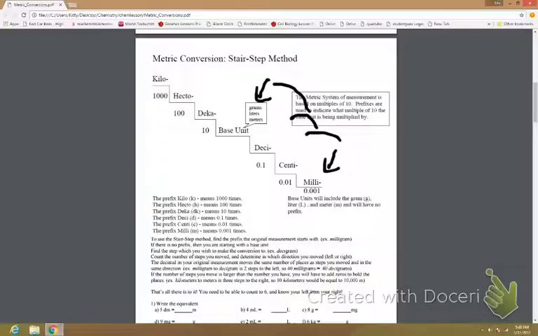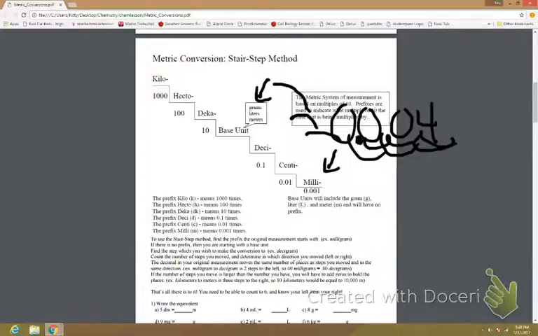So I'm going to move the decimal place 3 times to the left. So if you look, 4 milliliters, I'm going to say 4, and my decimal place starts after it. 1, I'm going to put a 0, 2, 3. So the answer, I'll rewrite it, is 0.004.